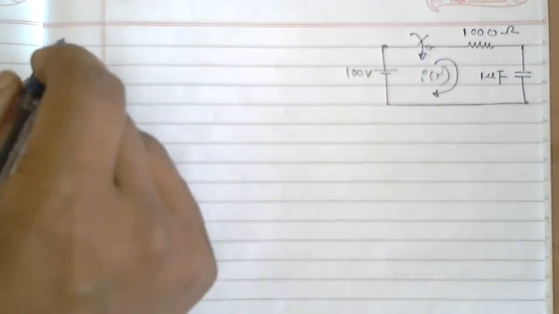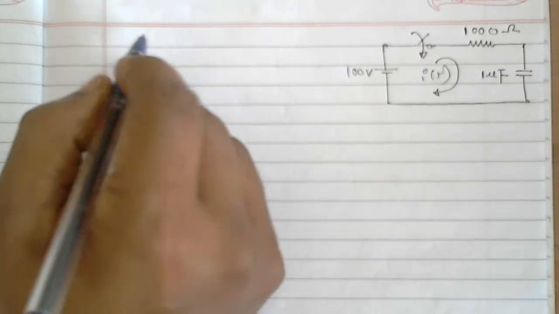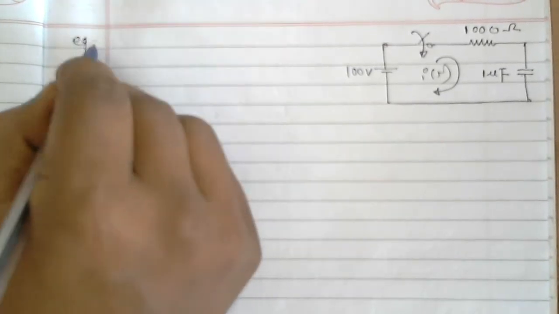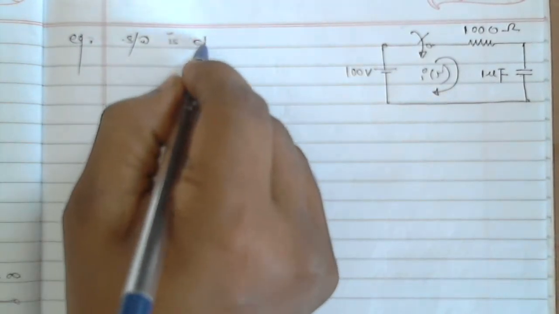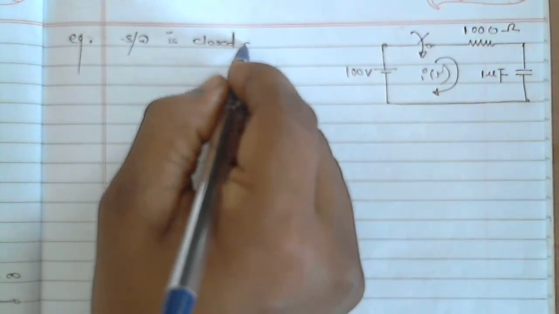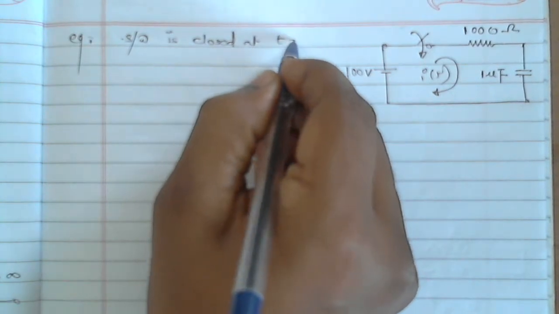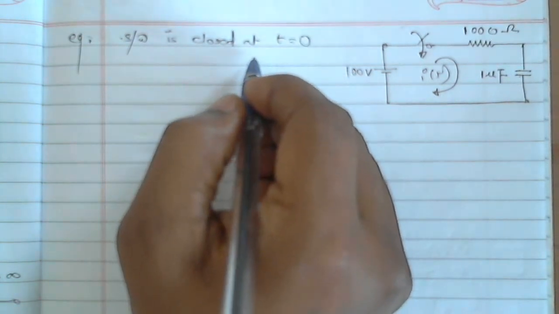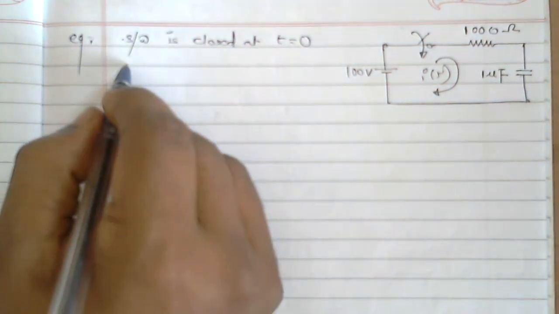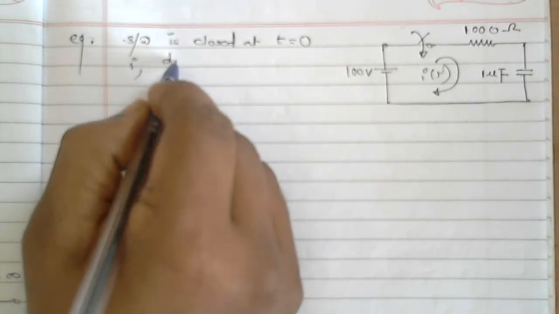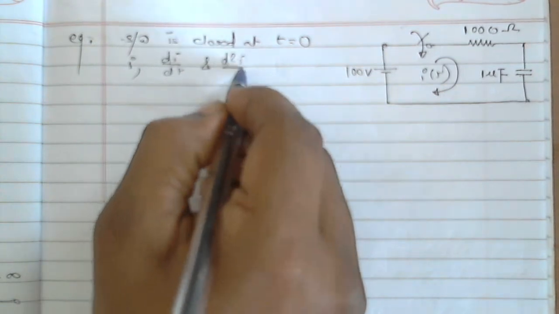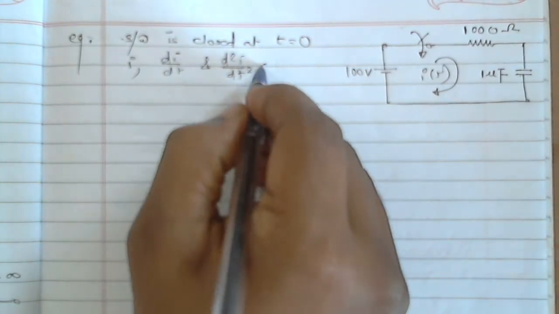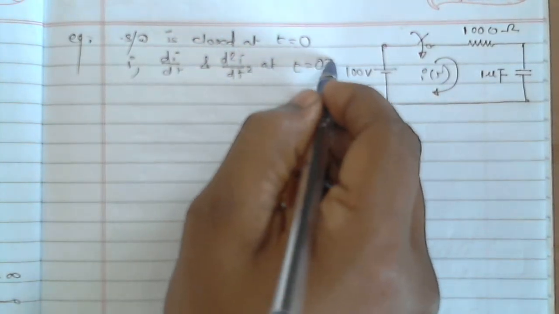Now what has been asked in the network: the switch is closed at t equal to 0. With the capacitor uncharged, find the value of i, di by dt and d square i by dt square at t equal to 0 plus.